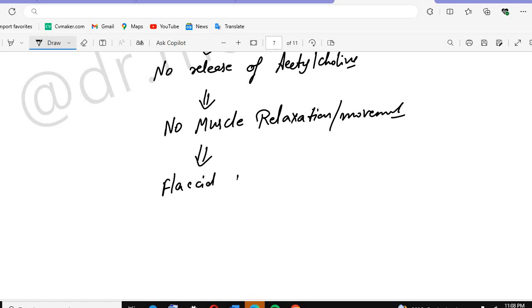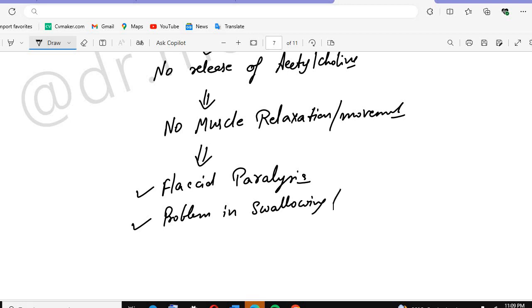If the muscles are not able to relax, there is a problem in swallowing, and we call this condition dysphagia. The patient can also have double vision.